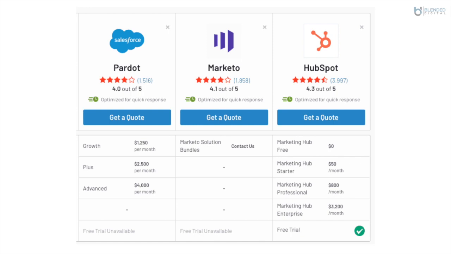Which is why HubSpot is so much more favorable to a lot of people, because it offers not only tools that are attributed to much smaller teams, say from 1 to 10 people, but it can also offer enterprise solutions as well. Probably not as powerful as something like Pardot and Marketo, but still equally quite useful.